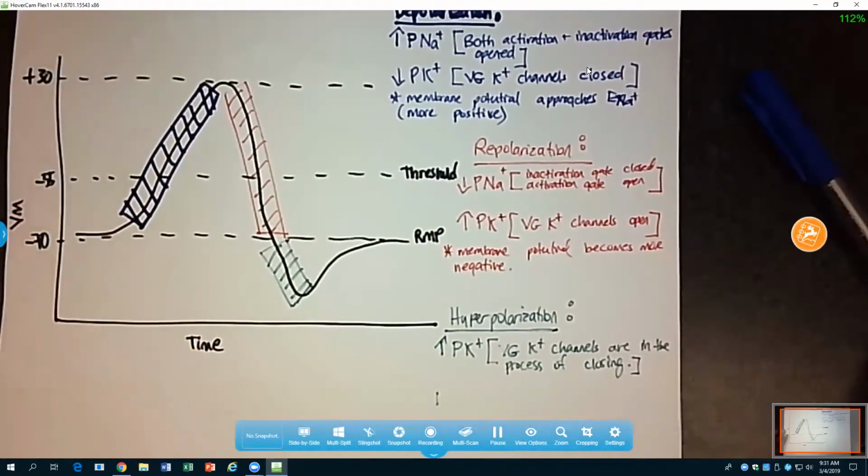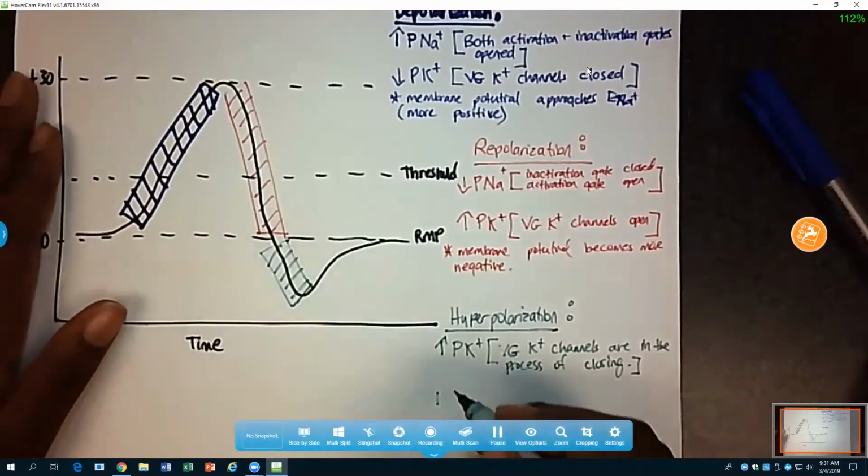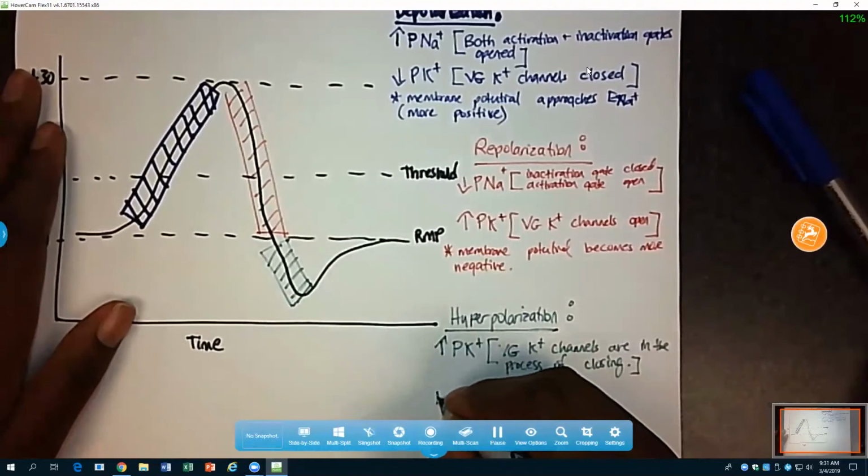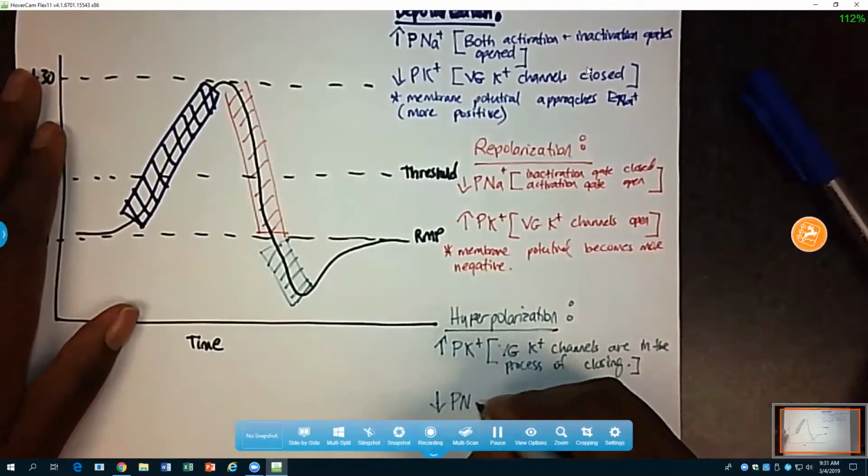We know potassium channels are closing. So we have a decrease in the permeability of sodium again.